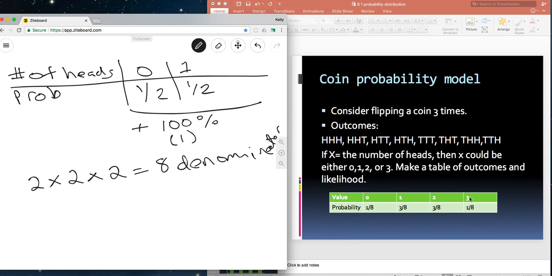And then of course all 3 heads, there's only 1 option of that. And so look at, once again, our table of outcomes. 1 plus 3 is 4, 4 plus 3 is 7, and 7 plus 1 is 8, so 8 out of 8 is 100%. And so if you've done your probability model correctly, like I said, everything down here should add up to 1 or 100%.